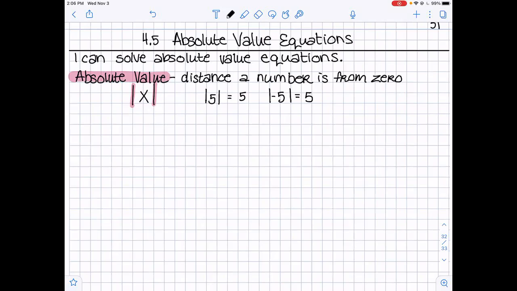Okay, so when we solve equations, there will always be 2 answers for absolute value equations.